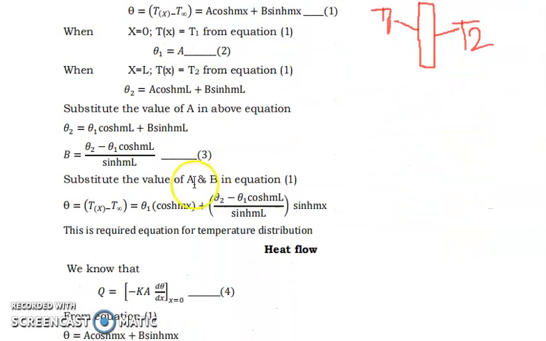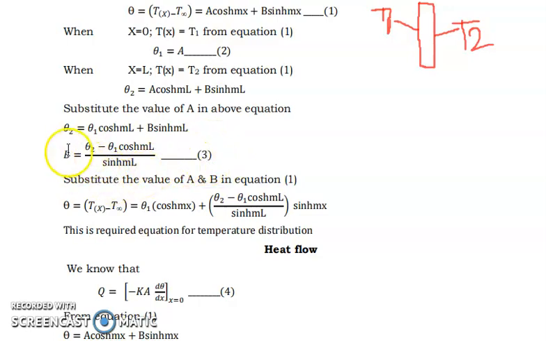Then substituting the value of A, that is A is equal to theta 1 from the above equation, we get theta 2 is equal to theta 1 cos hyperbolic ml plus B sin hyperbolic ml. If we simplify this, then B is equal to theta 2 minus theta 1 cos hyperbolic ml, divided by sin hyperbolic ml. This is taken as equation number 3.